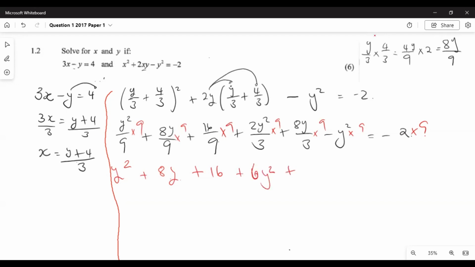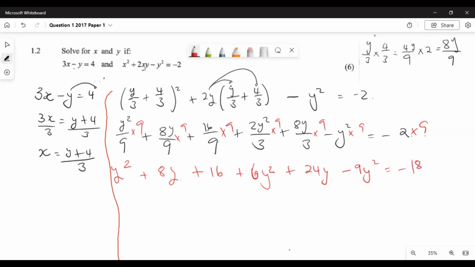Okay. That should give us 24. So 8 over 3 multiplied by 9, 24. That is correct. And we will get minus 9y squared and minus 18.